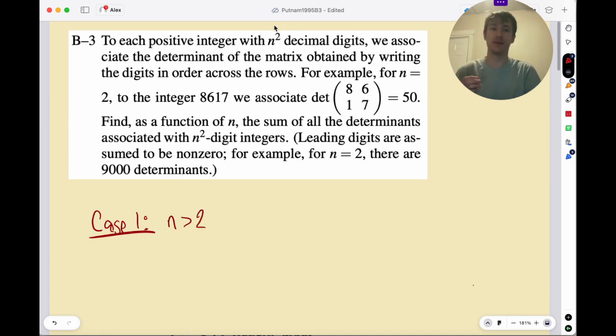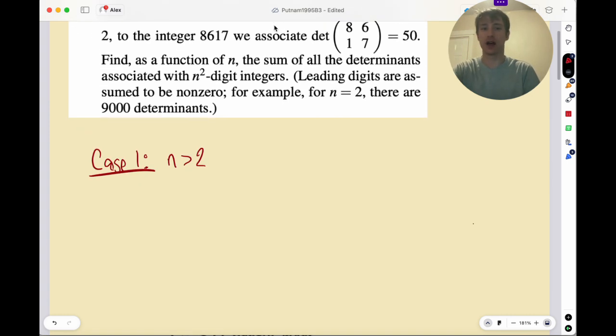So we're looking at the sums of all possible determinants of all possible 3 by 3 matrices where the upper left-hand digit is non-zero. Let's remind ourselves how to find the determinant of a 3 by 3 matrix.